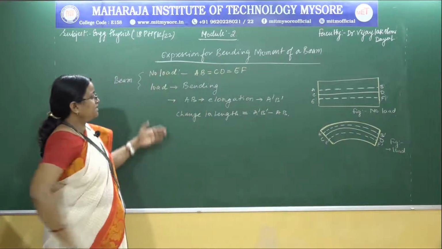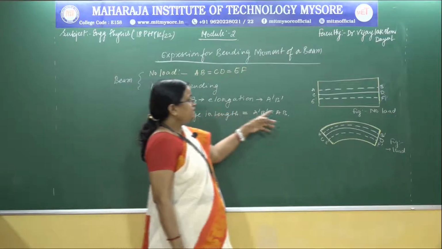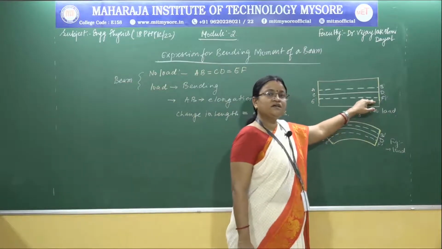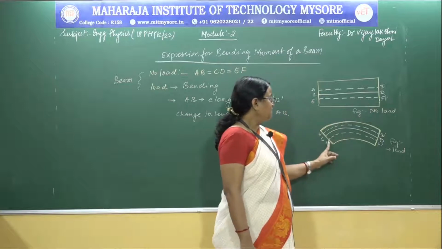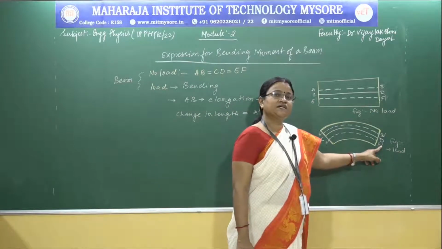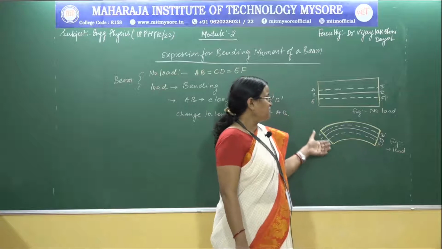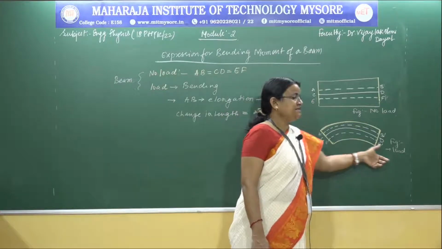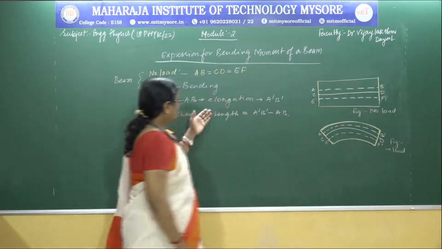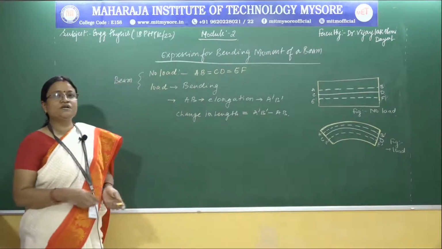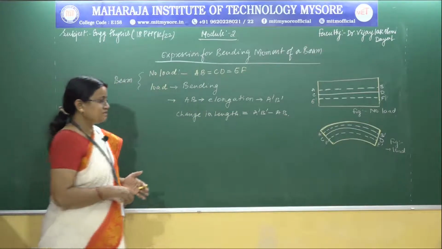Similarly, EF undergoes compression and the new length is now E'F', and the change in length will be EF minus E'F'. So we will take the reference of the upper layer for the derivation.